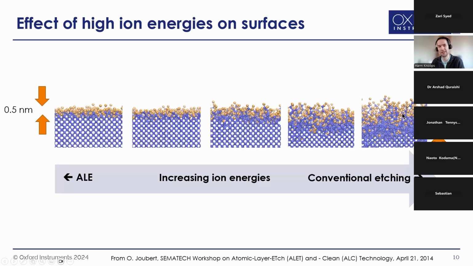Amorphizing this top layer doesn't lead to the best interfaces. You can have mixing also with things like chlorine, which is not great, and you have a several nanometer thick layer. If you go to lower ion energies, this effect is much reduced and it's a much thinner layer. And in ALE, you would typically need lower ion energies anyway, because you want it to be self-limiting and you don't want to sputter your bulk material.